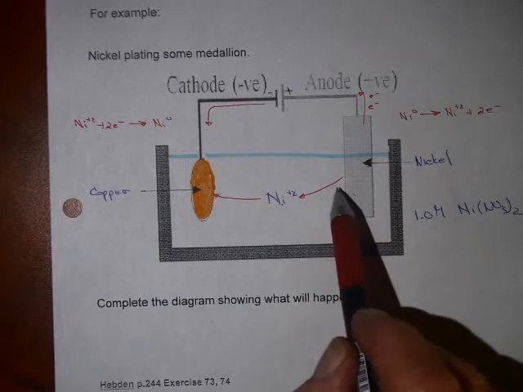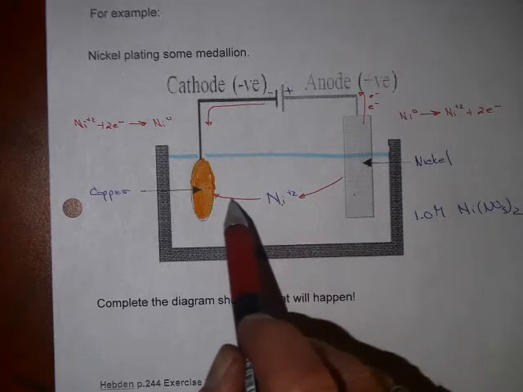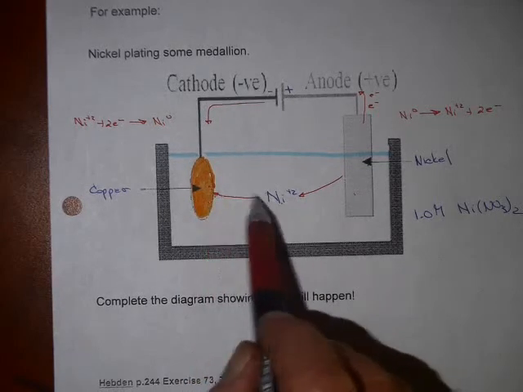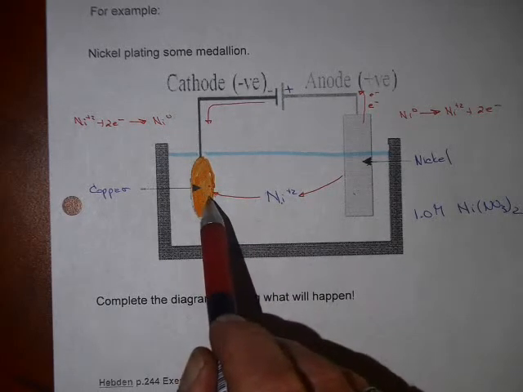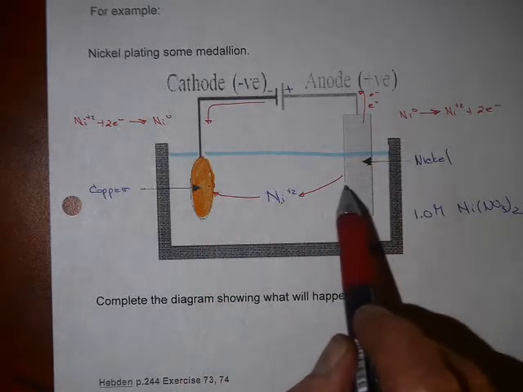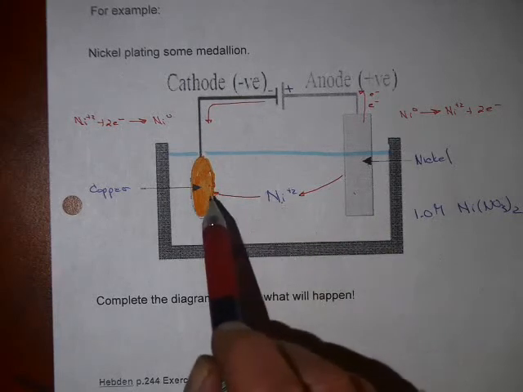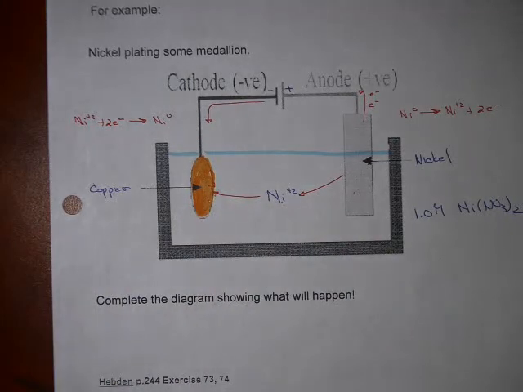Well, nickel will begin to plate here because it's already in solution, so it's going to be attracted to the copper medallion. But when you're pulling electrons out of here, if this was lead, you're going to get lead going in here. So you're going to get lead being deposited on the copper medallion, and you don't want that.